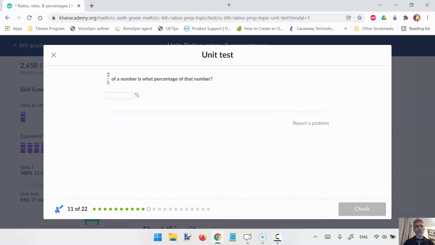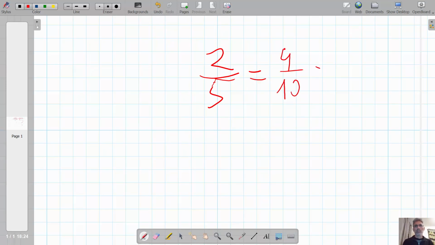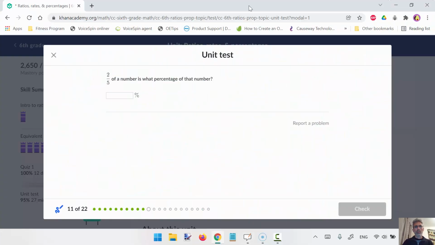2/5 of a number is what percentage of that number? Okay. 2/5 is equal to 4/10. 4/10 are 40 hundredths. 40 hundredths are 40%. Okay.